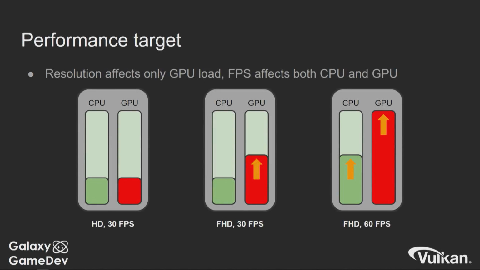If we increase resolution to Full HD, we will get about twice higher GPU load. And targeting 60 FPS and Full HD will affect both CPU and GPU, and will increase CPU load about twice, and GPU load will be 4 times higher compared to initial scenario.